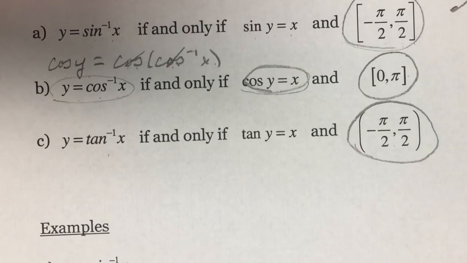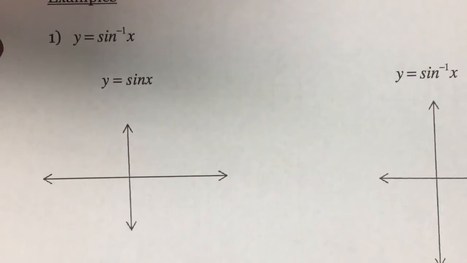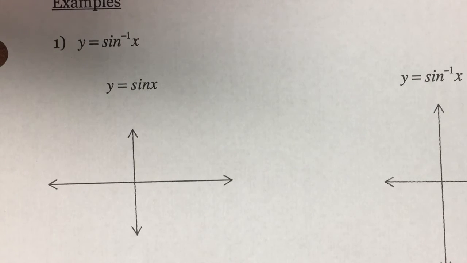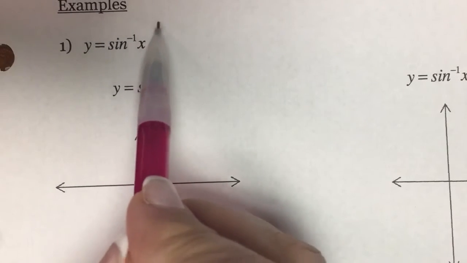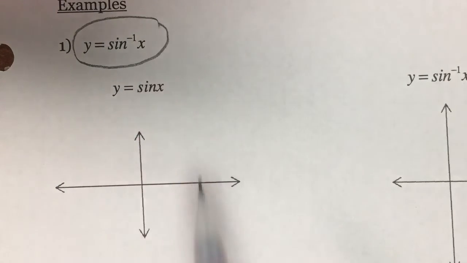All right, so we're going to go through these notes fairly slowly because I want to develop this for you. And since we're only doing 3 of the 6 trig functions, I thought we would have time. So we are going to, again, do those very small parent graphs. And the first one we're going to do is y equals inverse sine.